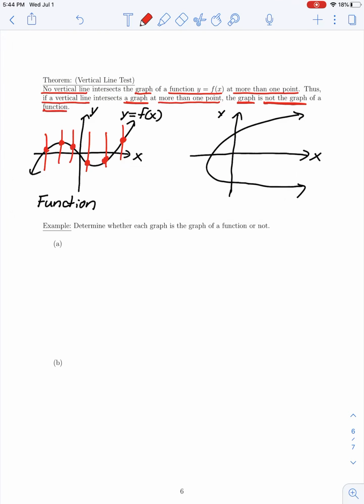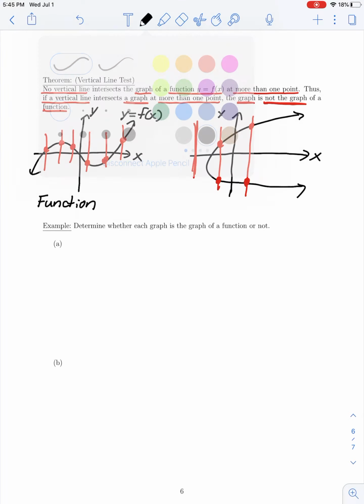And we can see here that if we were to take vertical lines, there are some vertical lines where we're hitting the curve in more than one point. Now, this doesn't mean that every vertical line would have to hit the curve in more than one point. We can see some examples, say out here to the left, where we don't hit the curve at all. But if there is any vertical line which intersects my curve in more than one point, it is not the graph of a function.